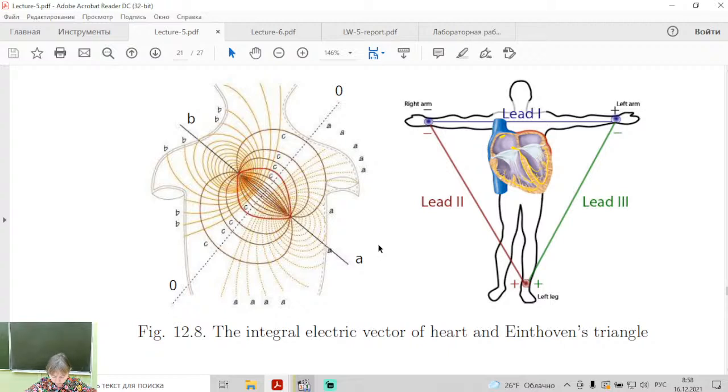On the figure, the positive pole of the dipole moment of a current dipole of the heart and the equipotential lines are shown.